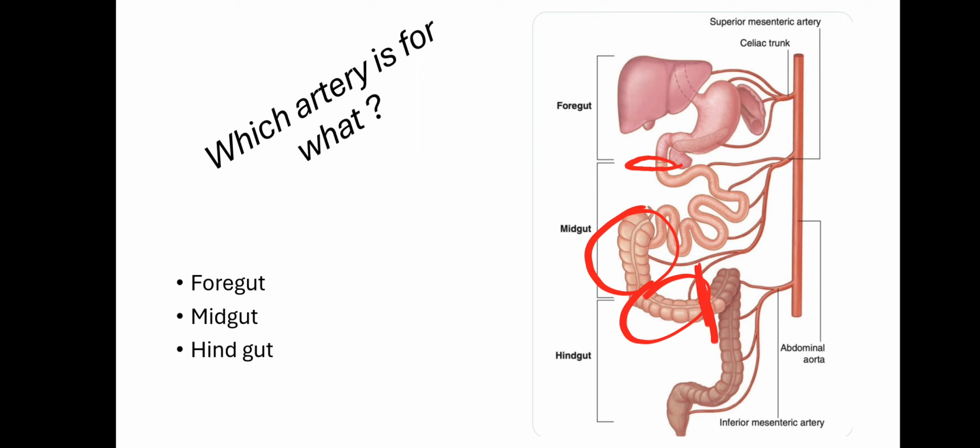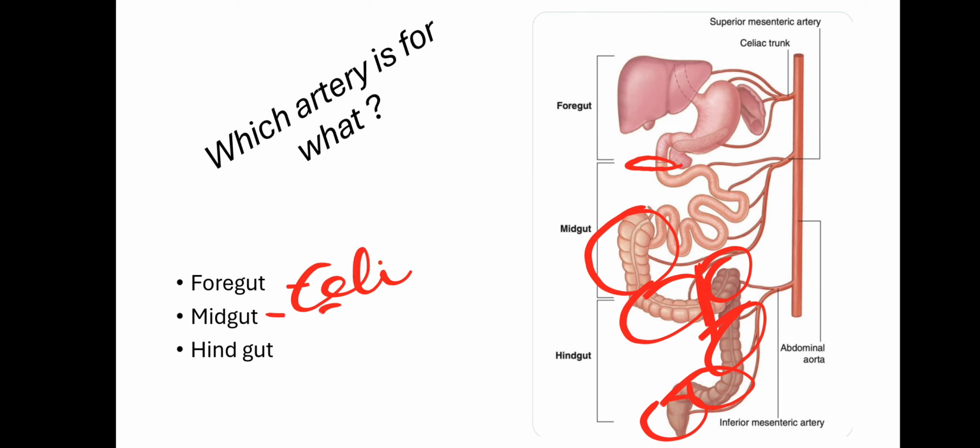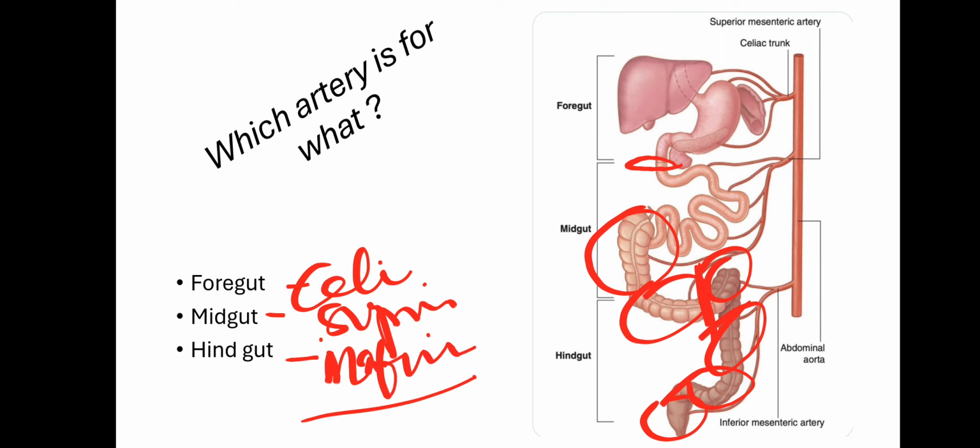The left two-thirds of the transverse colon, descending colon, sigmoid colon, rectum and anal canal come under the hindgut. So the artery of the foregut is the celiac trunk. The artery of the midgut is the superior mesenteric artery, and the artery of the hindgut is the inferior mesenteric artery. All three are ventral unpaired branches from the aorta.